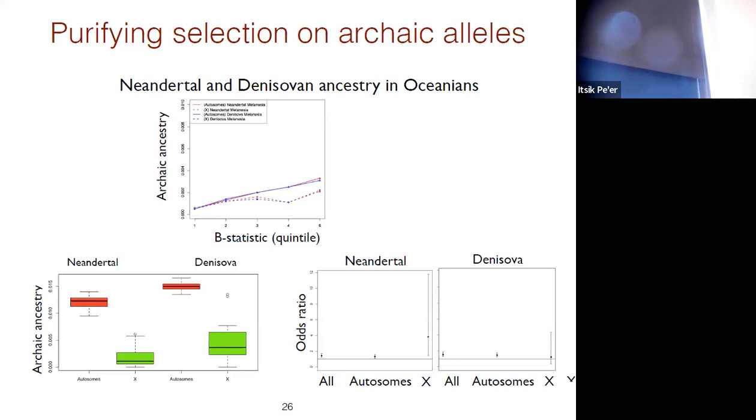We also see a similar pattern where on the X chromosome there is lower Neanderthal and Denisovan ancestry compared to the autosomes. And finally, when we look at genes that are specifically expressed in testes, we find, again, there's a depletion of Neanderthal as well as Denisovan ancestry in genes that are testis specific.